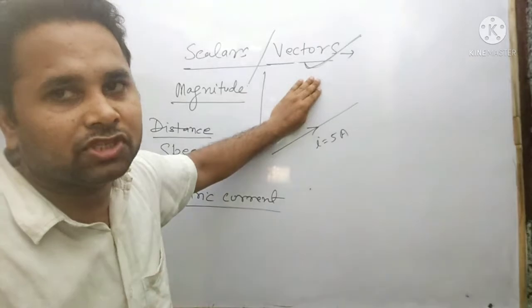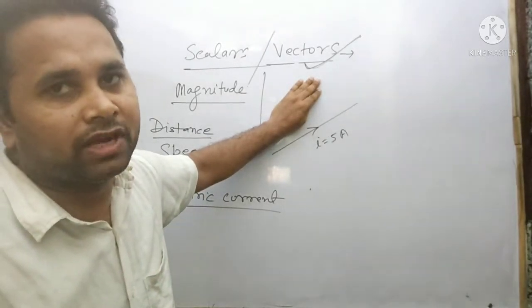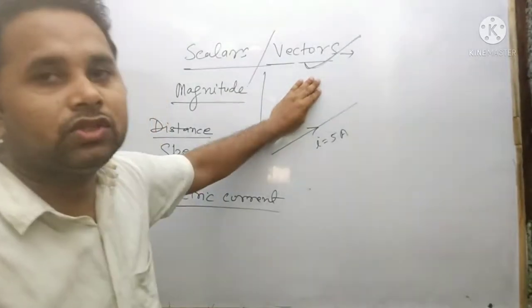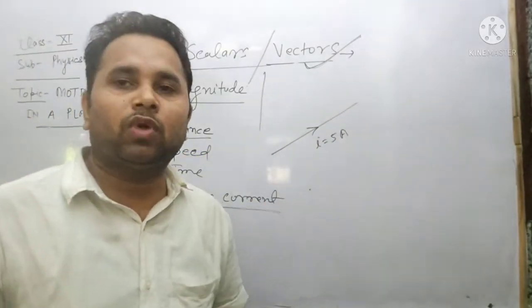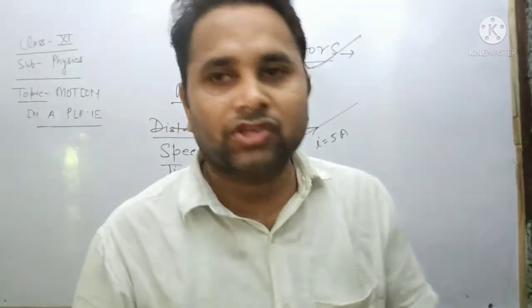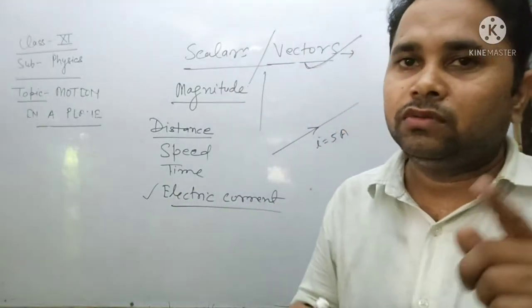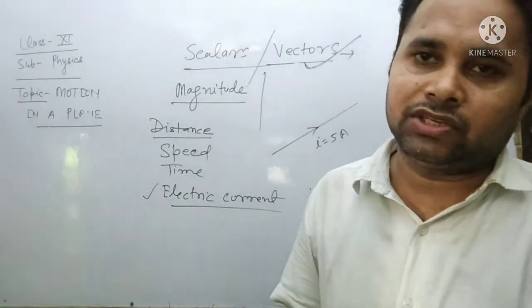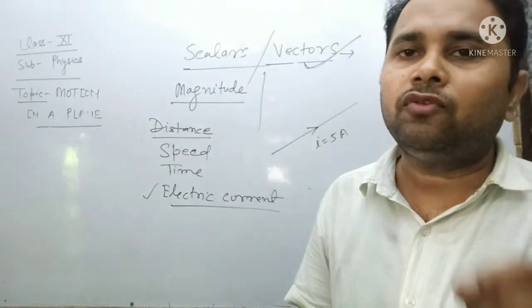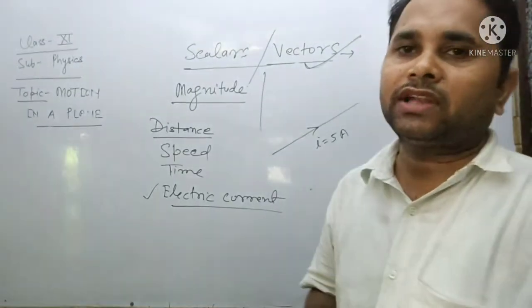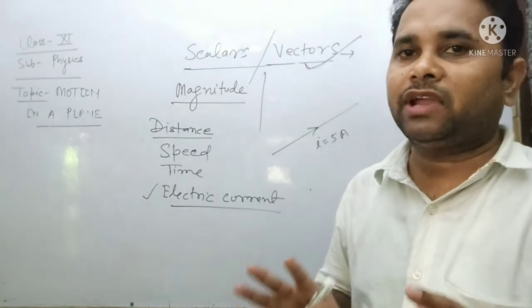So it is not a sufficient, not a complete definition of vectors. Now see here, what is a vector? Vector quantities are those quantities which have their magnitude, their direction, and also should obey the law of vector addition. We have to study the laws of vector addition. So this is the vector.